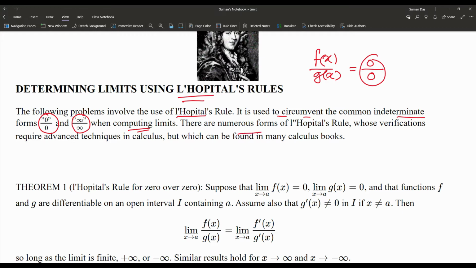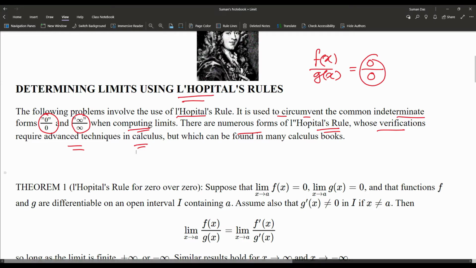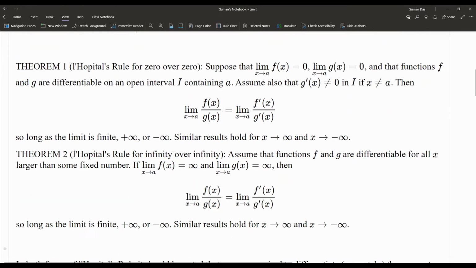There are numerous forms of L'Hopital's rule whose verifications require advanced techniques in calculus, which can be found in many calculus books. So let's check the first theorem, L'Hopital's rule for 0 over 0. The limit as x approaches a of f(x) is equal to 0 and the limit as x approaches a of g(x) is equal to 0, and the functions f and g are differentiable on an open interval I containing the value a.